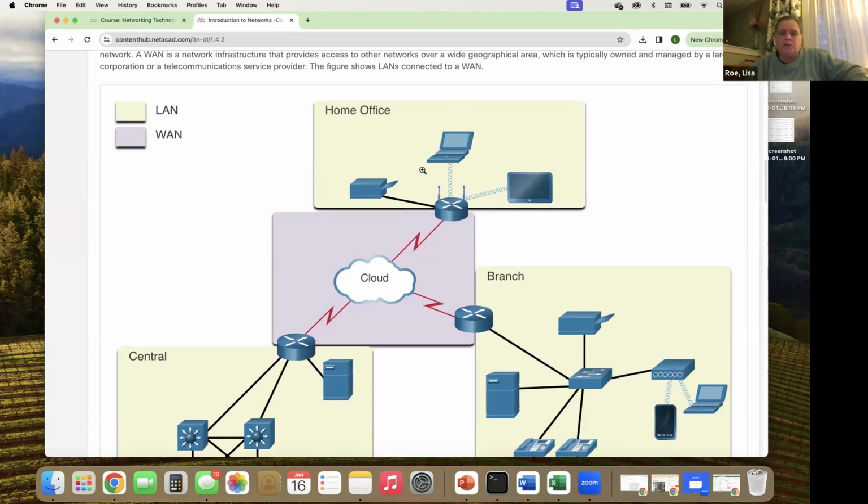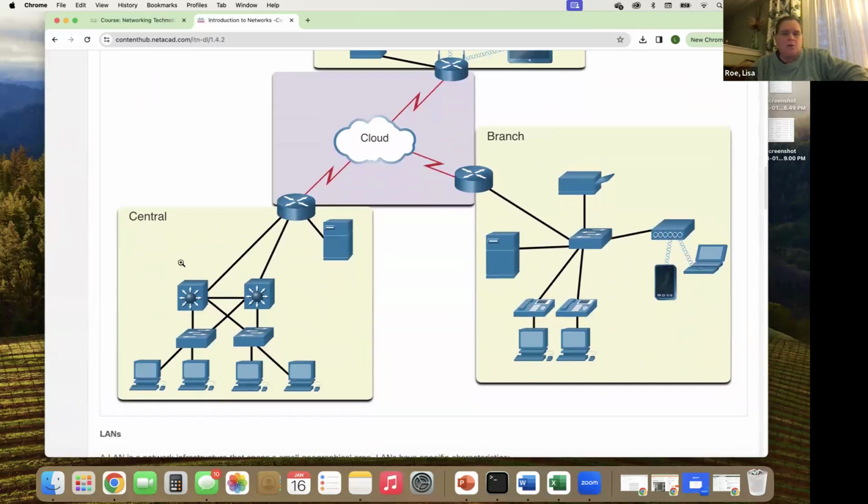So this home office is a local area network. This central office is a local area network. Notice you have a router here that connects two different kinds of networks or allows you to go out to your internet service provider, or ISP. The switches are part of a local area network. A router separates networks. Here's another router. And so everything inside the router is a local area network.